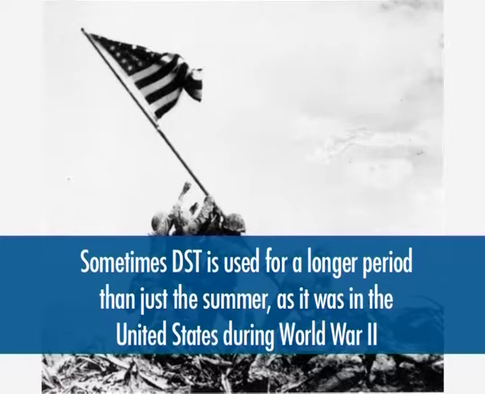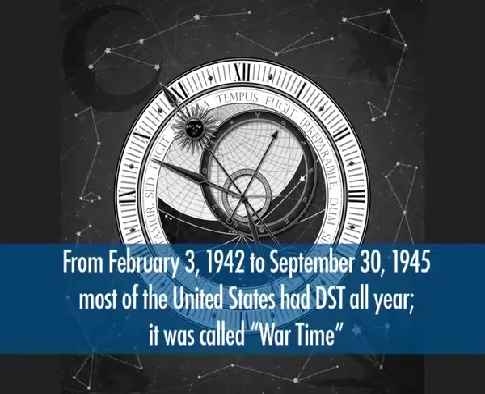Sometimes DST is used for a longer period than just the summer, as it was in the United States during World War II. From February 3, 1942 to September 30, 1945, most of the United States had DST all year. It was called wartime.